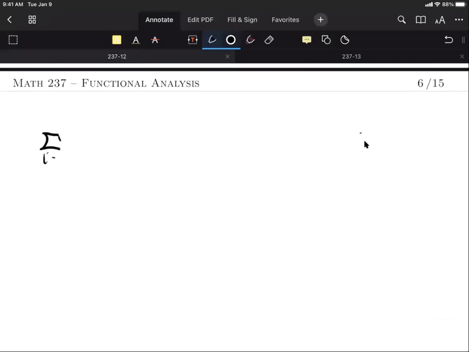So we can write the sum of the absolute values as the sum of the sign times the real number nu of A sub i.